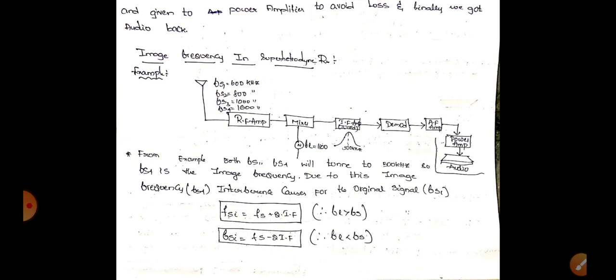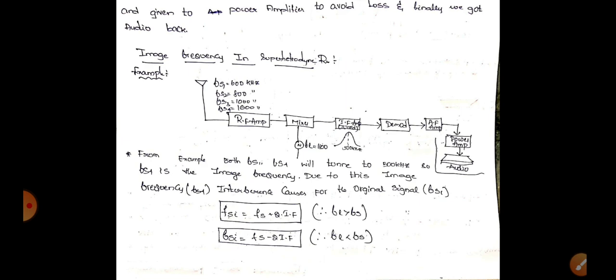Today my class is about part 2 of the AM receivers, that is the continuation of the AM receivers. In the last class I have already discussed what AM receivers are and the types of AM receivers, and I have also explained the drawbacks in the tuned radio frequency receiver, and I have also rectified the drawbacks by using the superheterodyne receiver.